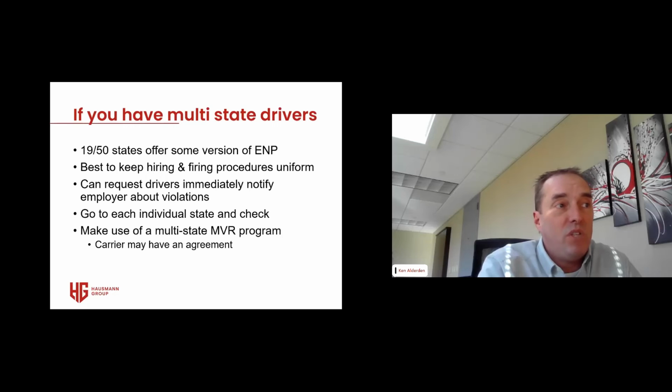If you have those out-of-state drivers, though, one of the things that you can do, if you're not in the employer notification for everybody, is ask drivers to provide you with an immediate notification. So in your fleet safety program that they sign, that they're going to participate in and agree to abide by, they have to notify you of any tickets. I've been on companies that did that.